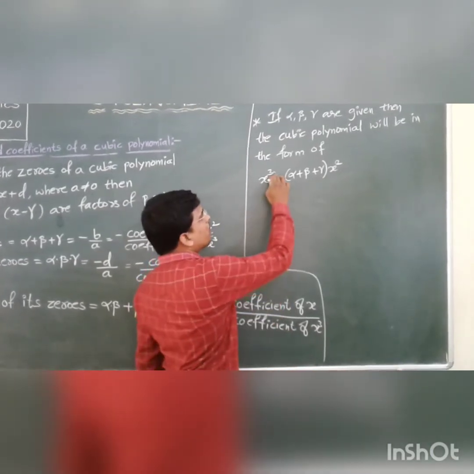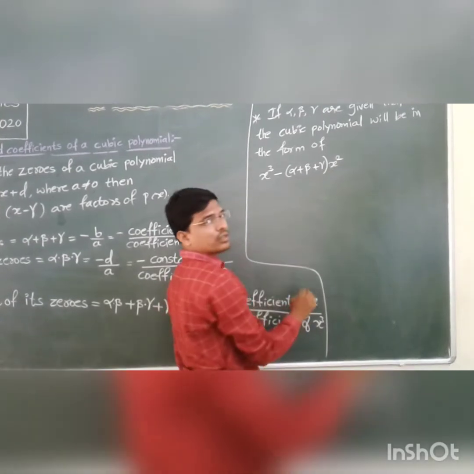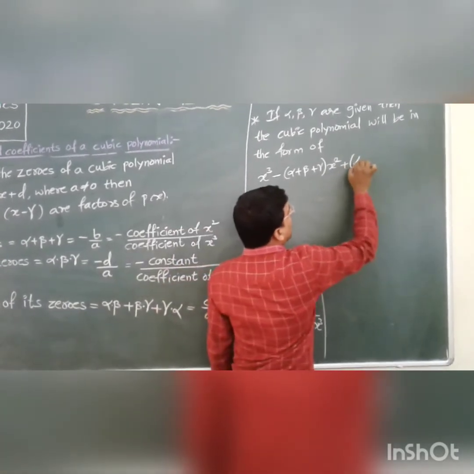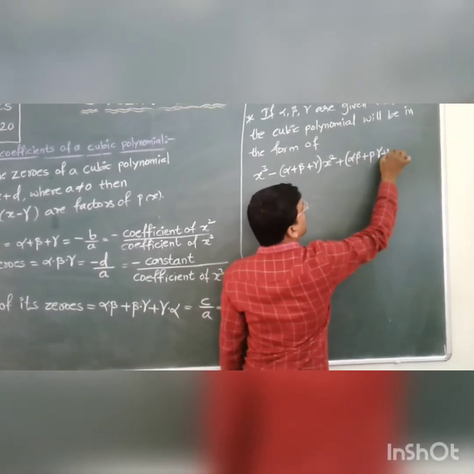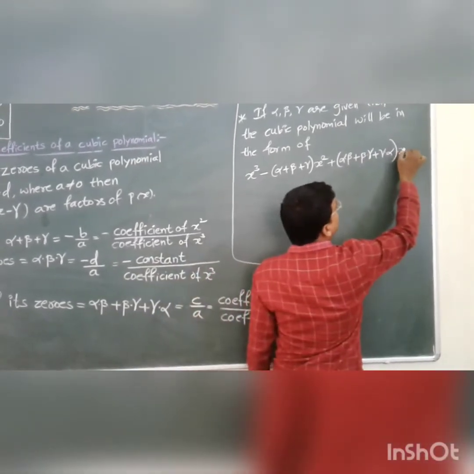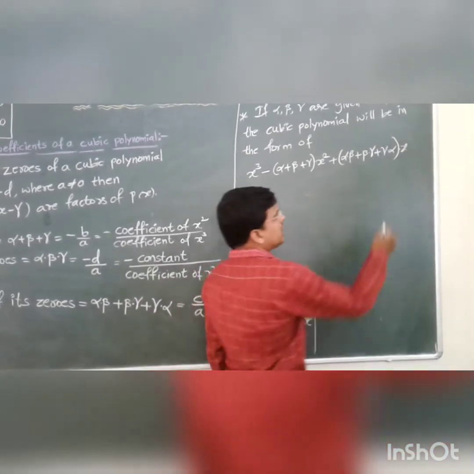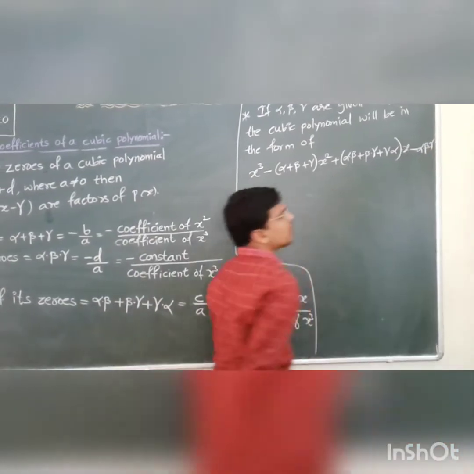Okay, x cube minus alpha plus beta plus gamma into x square, plus alpha into beta plus beta into gamma plus gamma into alpha into x, minus alpha into beta into gamma.